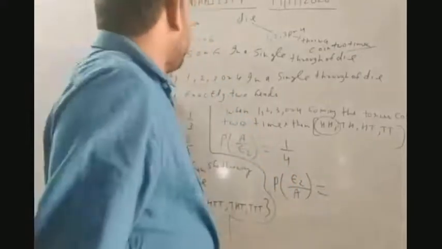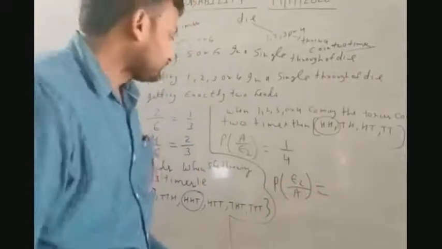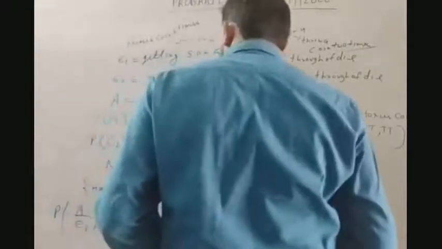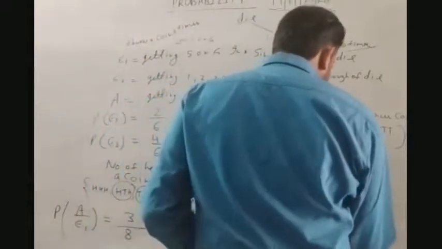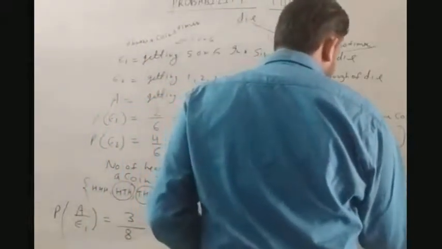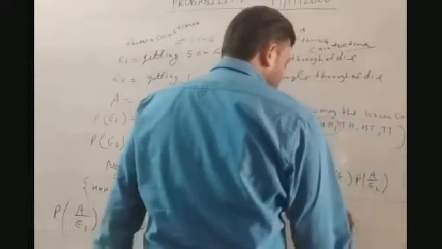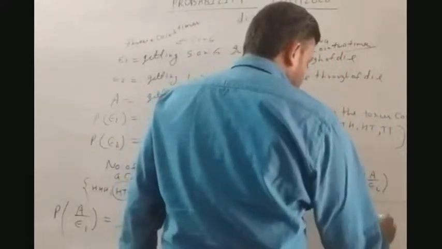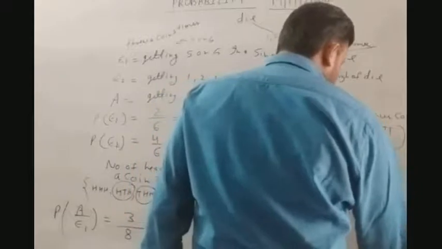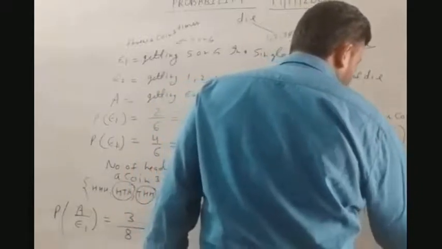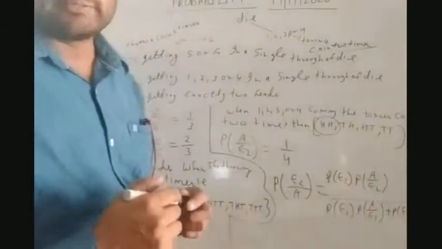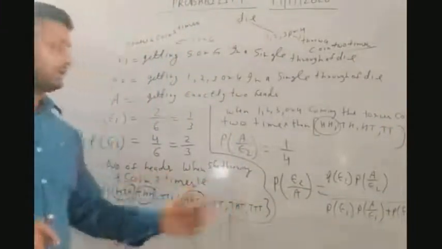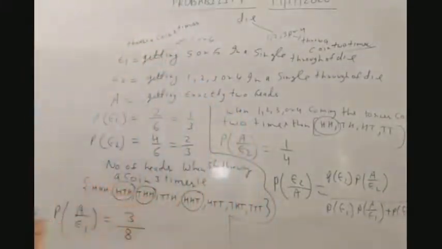So the event E2 has occurred here. So we write E2 by A is equal to the probability of E2 times the probability of A by E2, divided by the probability of E1 times the probability of A by E1 plus the probability of E2 times the probability of A by E2. Now we will put in the values and we get our required result.